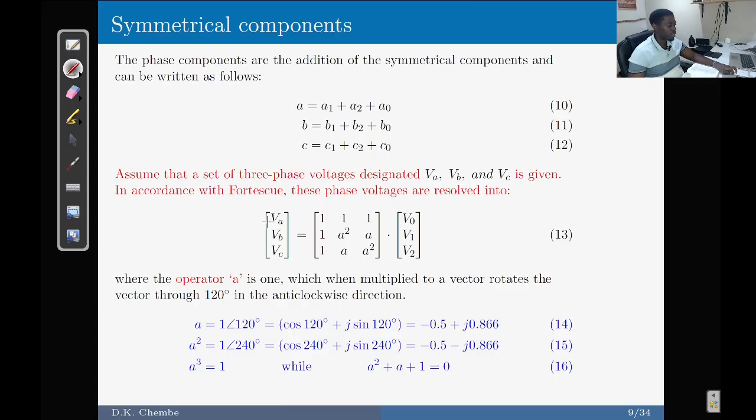So here we've got the phase voltages on one side, and on the other side we've got the symmetrical components.